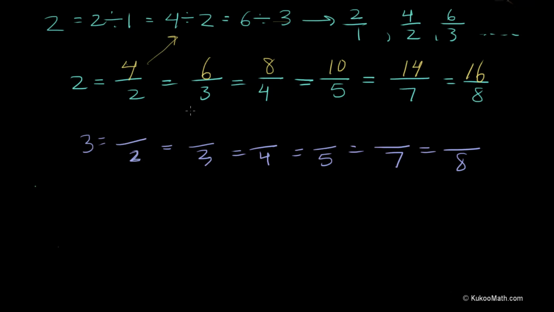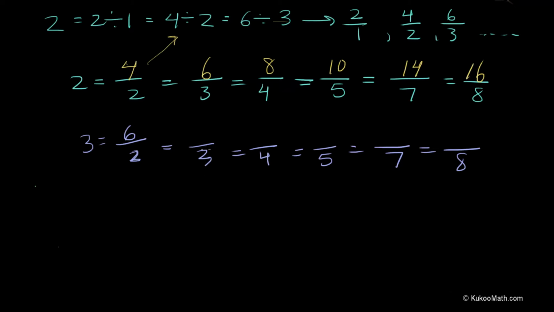Well, you just have to make sure that the division problem that you can set up equals 3 in the end. So what number divided by 2 equals 3? 6. 6 divided by 2 equals 3. And when you simplify this, you can simplify this into 3.